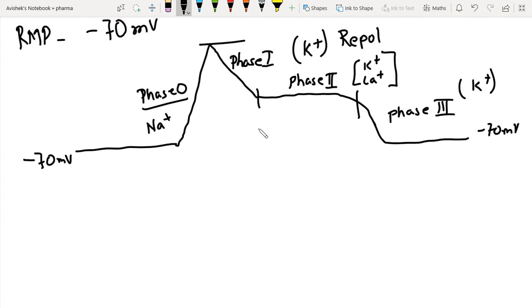So by giving potassium sparing diuretics we can increase or decrease the slope.